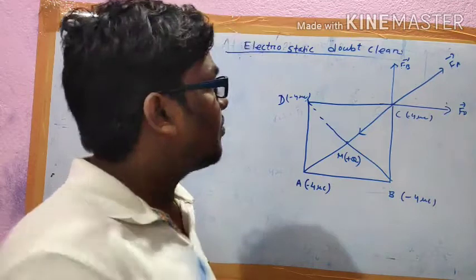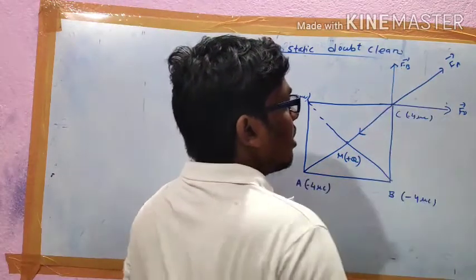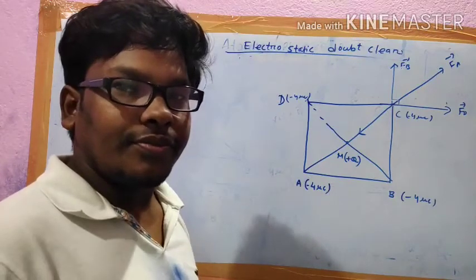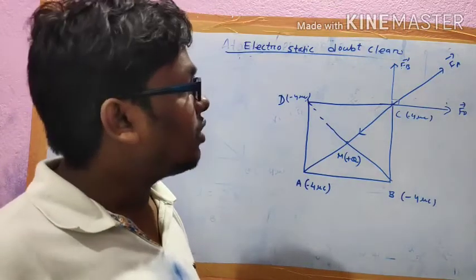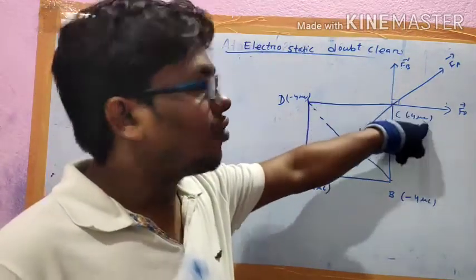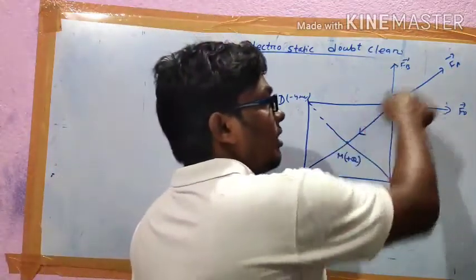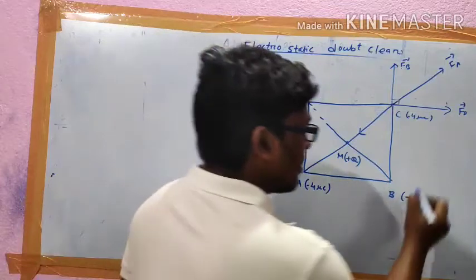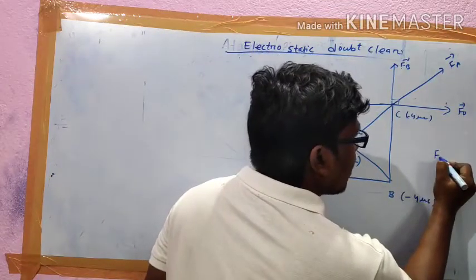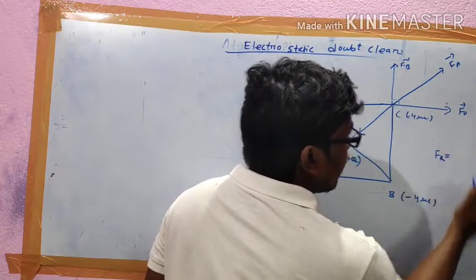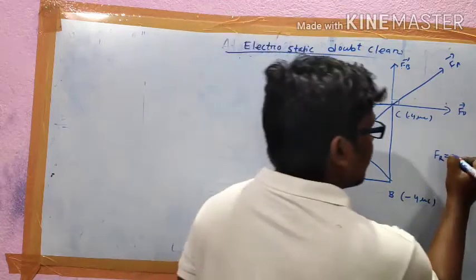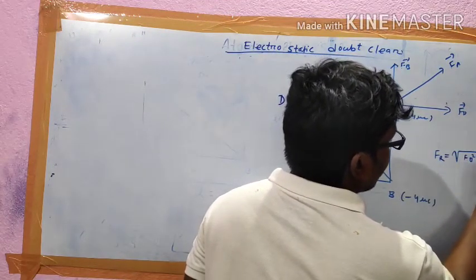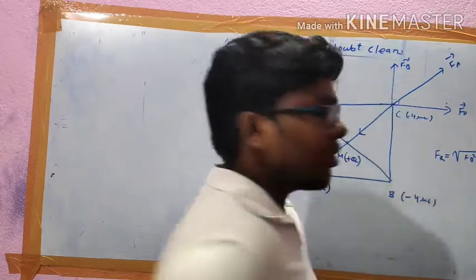Here you see these two forces are perpendicular to each other, so we need to find the resultant of these two forces. Let's take F of r is equal to root over of F of B square plus F of D square.